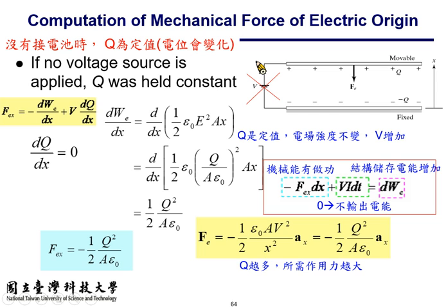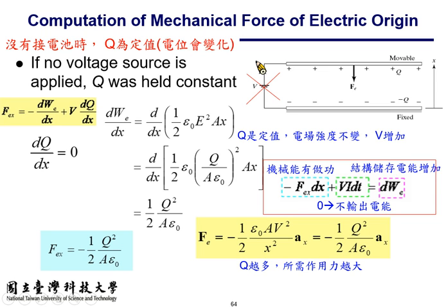On the other hand, the voltage difference between the two plates becomes larger and larger as X increases, as the plate distance increases. So the amount of energy increase can be found using this relationship as half times Q squared divided by A and epsilon sub 0.